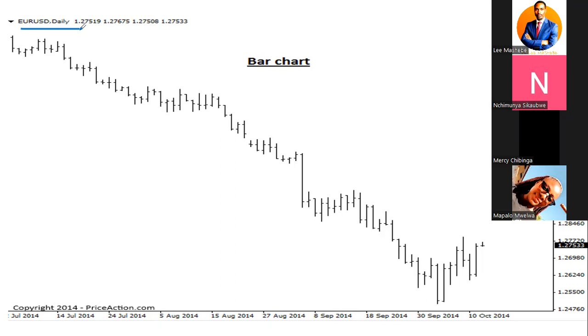A bar chart has the low, the open, the high, and the close. So it shows you when the price opened and at which point the price closed. Did it open at a high price or a low price? And did it close at a high price or a low price? The bar chart is able to give you that kind of information.